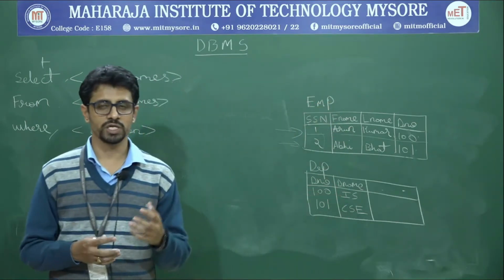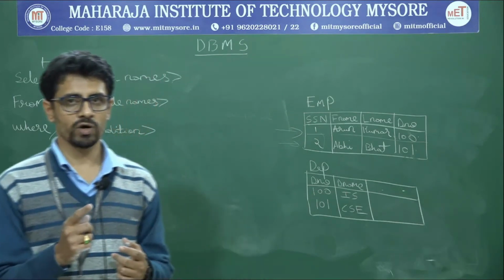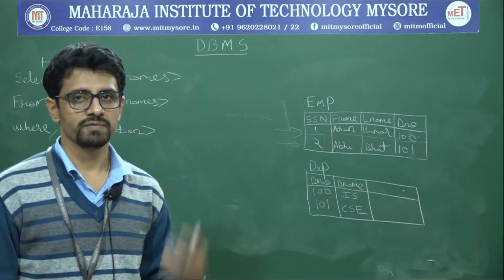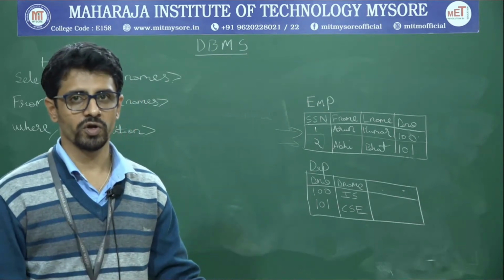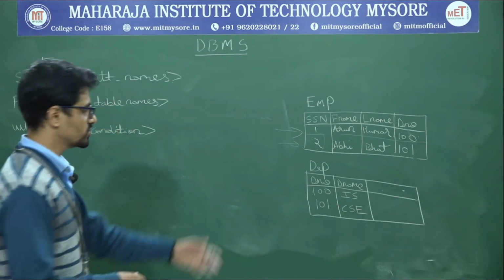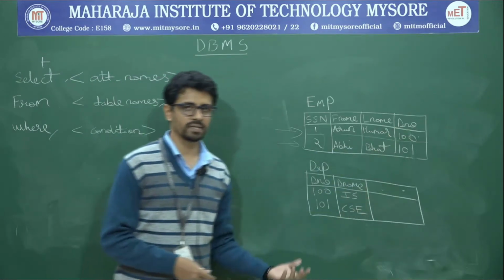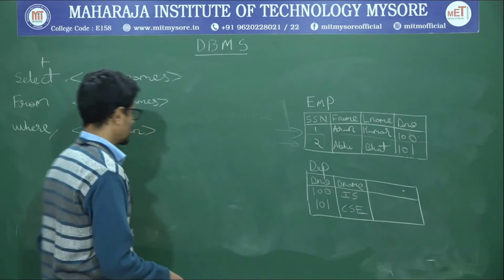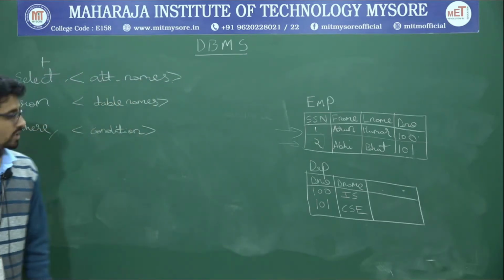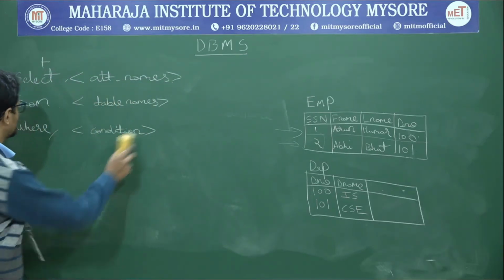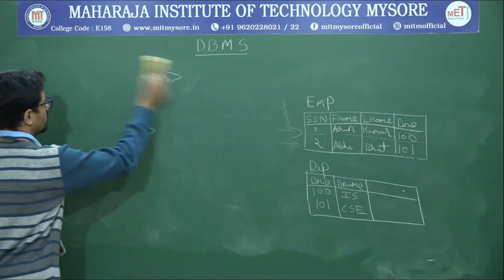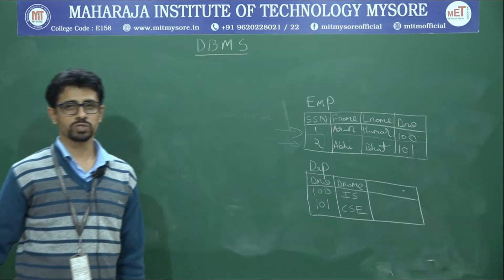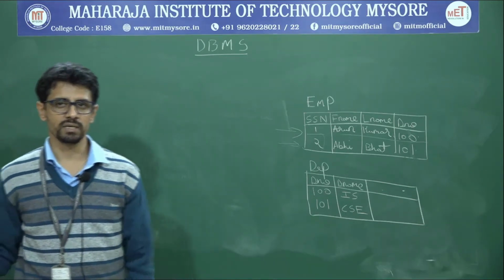Now if this is the kind of scenario, then the first thing you need to look for is, are these 2 tables related? How do you see the relation? With the help of a primary key and a foreign key. So let us see that. Of course you can make out easily that they have been related because we are seeing this example throughout this class right now. So how to start with writing a query is, see, if you understand these basic terminologies properly, that is select, from and where, and the way it can be used, any complicated queries can be written easily by you all.